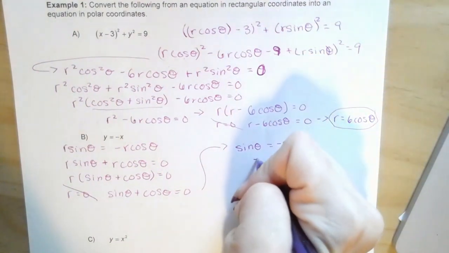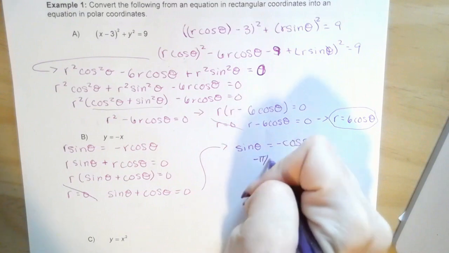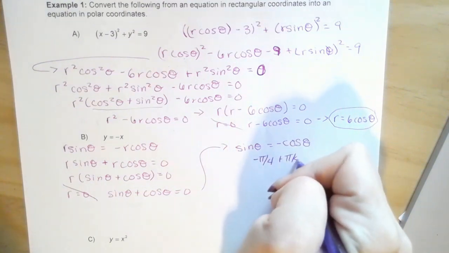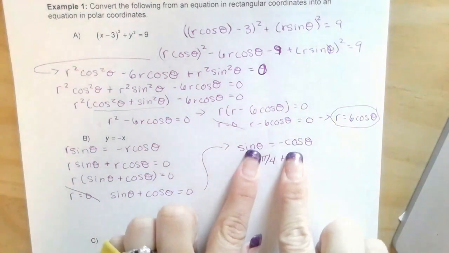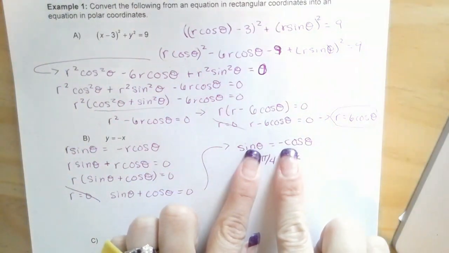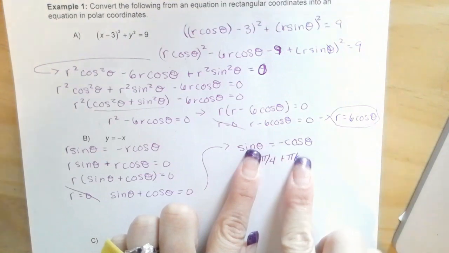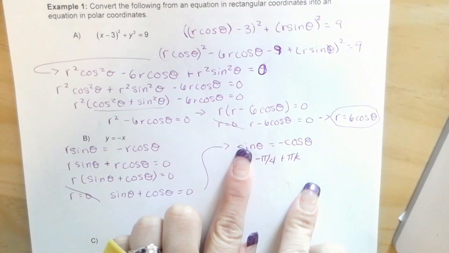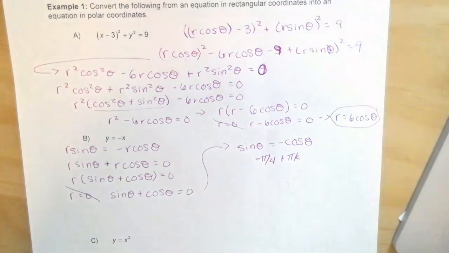Remember, it's negative pi over 4 plus pi k. Because where is sine equal negative cosine? Well, that's in the second and fourth quadrant, right? So I'm going to make this simpler and do the fourth quadrant because it's between negative pi over 2 and pi over 2, so that's easier to think about.